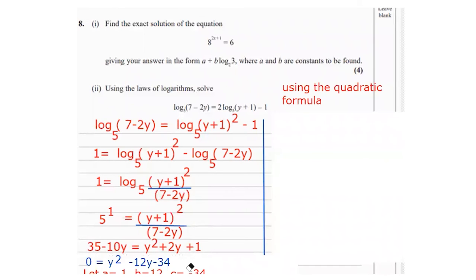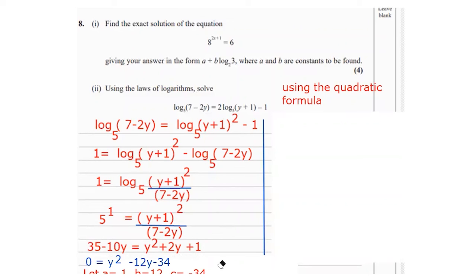And we have 0 is equal to y squared minus 12y minus 34. We have a classic quadratic equation which we want to solve using the easiest method we know, which is the quadratic formula. For that, we shall say that a is equal to 1, b is equal to minus 12, and c is equal to minus 34.